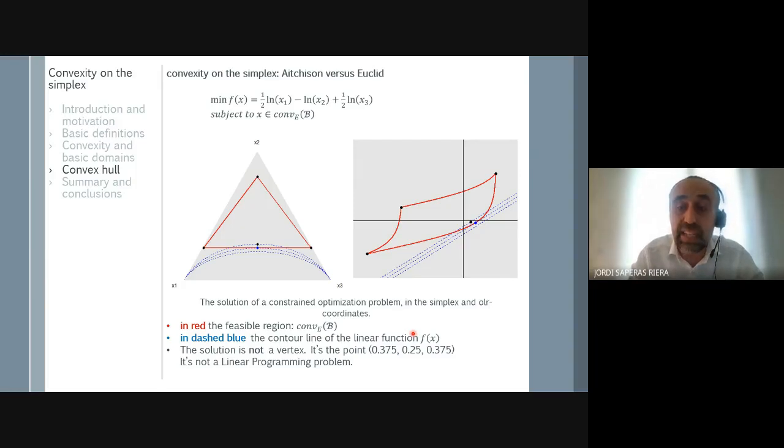So this is not a linear programming problem, and the solution is not a vertex. You can see that the solution is this blue point. Furthermore, if we use the Euclidean convex hull, we are changing the type of constrained optimization problem and the numerical algorithms in coordinates.